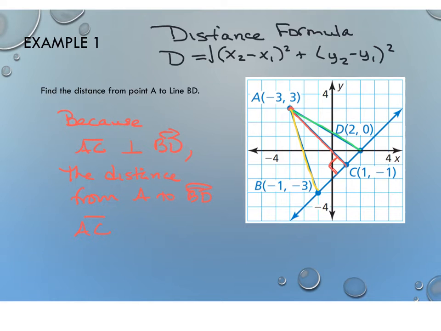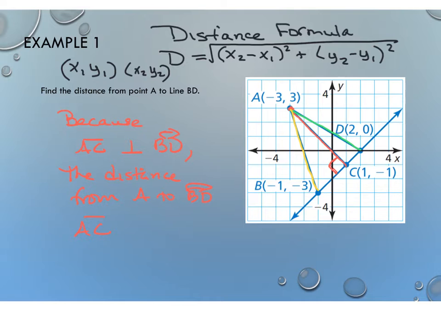And remember, this was all under the square root. So what you're going to be using when you're using the distance formula is you're going to be given 2 ordered pairs. Ordered pair number 1, which includes x1, y1, and then ordered pair number 2. Again, think of those little numbers as labels. They're subscripts. They're not exponents.